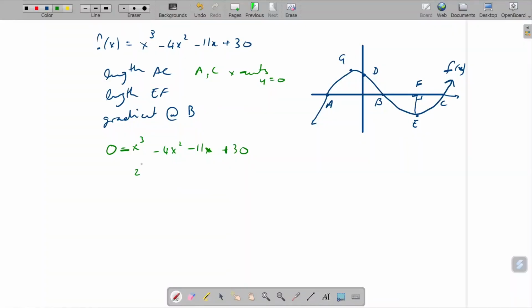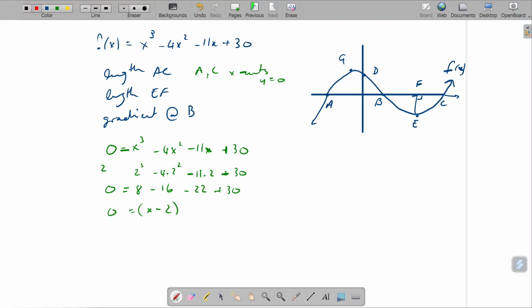So let's try 2. 2 cubed, which is 8, minus 4 times 2 squared, which is minus 16, minus 11 times 2, which is minus 22, plus 30. I'm getting 38 minus 38, which does in fact equal 0. So I know that naught equals x minus 2, because I substituted in x equals 2.